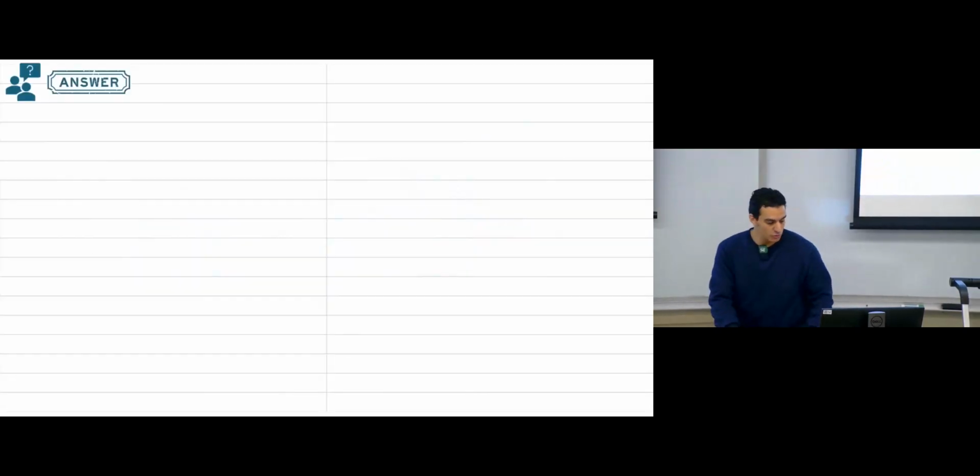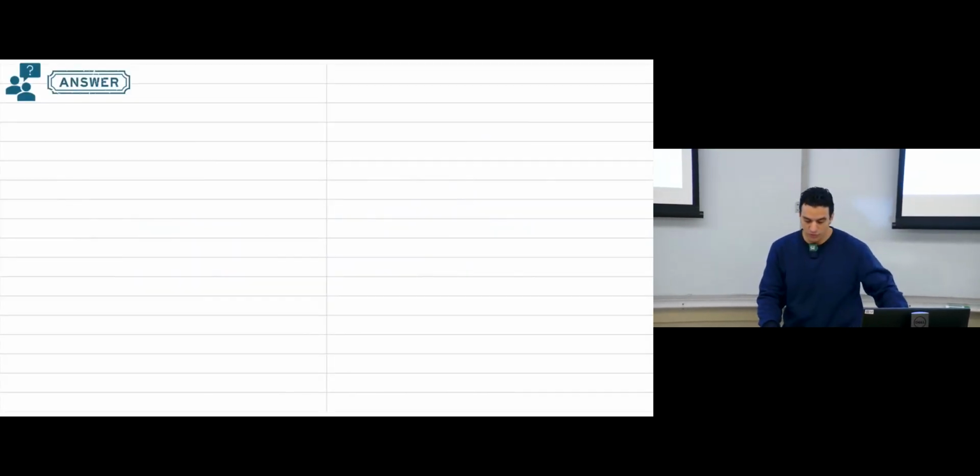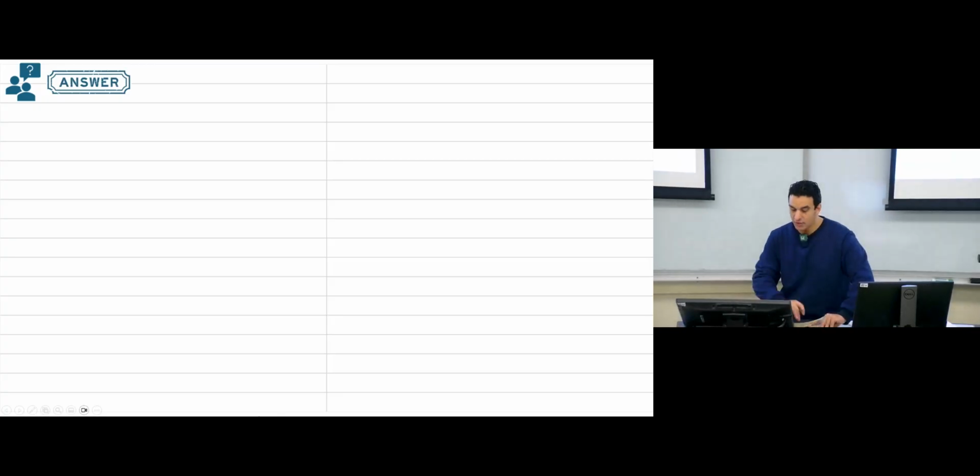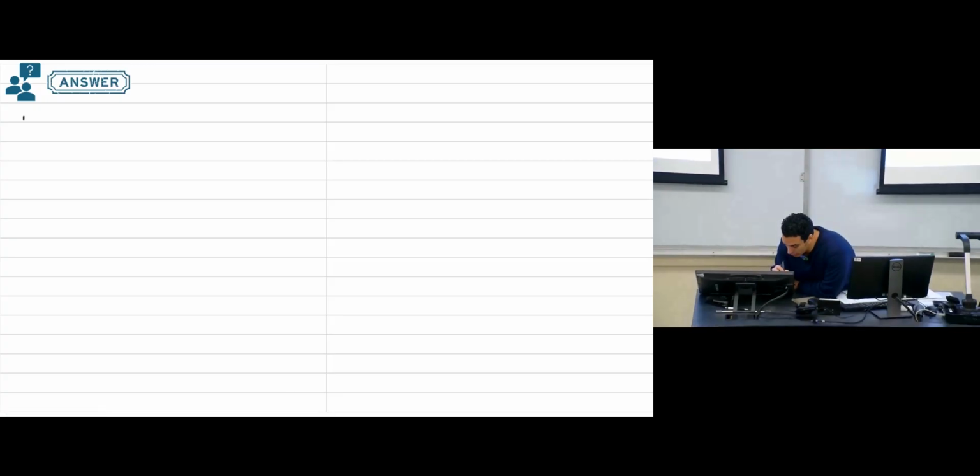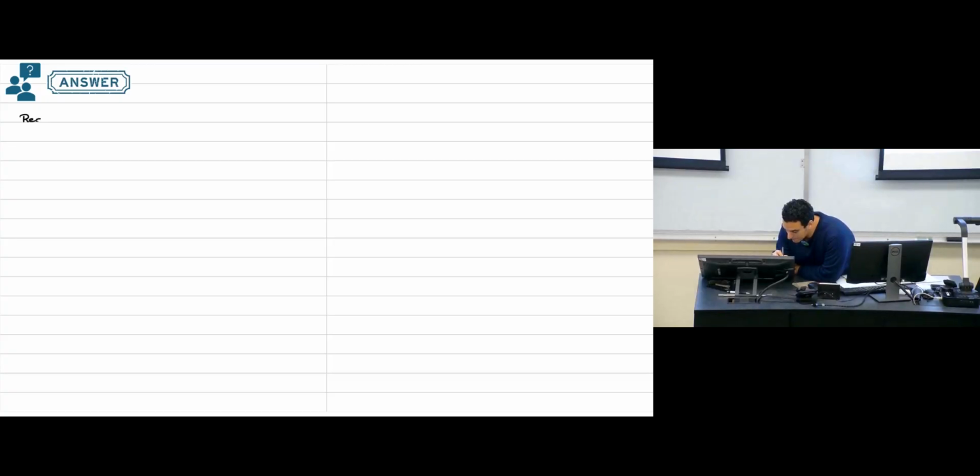In order to solve this problem and find the shaft work, this is something we can find from the first law of thermodynamics. So this is chapter 4, and we can recall the first law of thermodynamics.